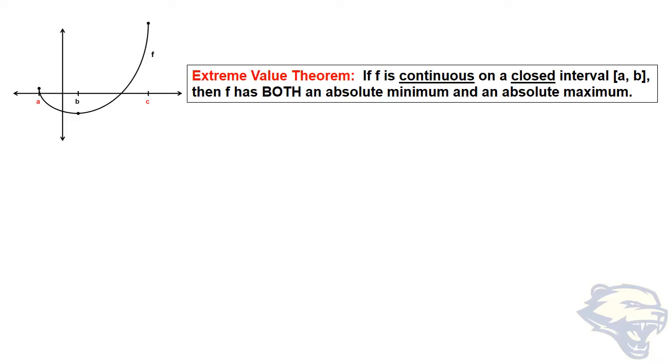So what the extreme value theorem says is kind of common sense. If f is continuous on a closed interval from a to b, then f has both an absolute minimum and an absolute max. So in other words, like we were saying a moment ago, if the graph stops from left to right, okay, one of those y values in that interval has to be greater than the others.